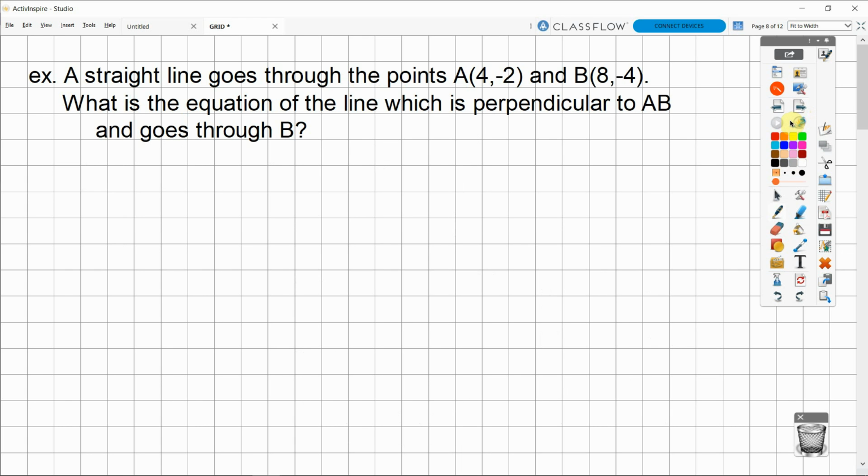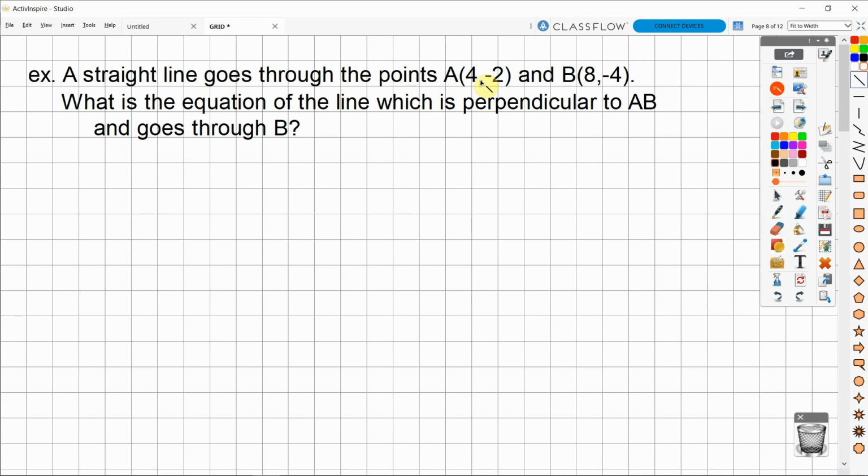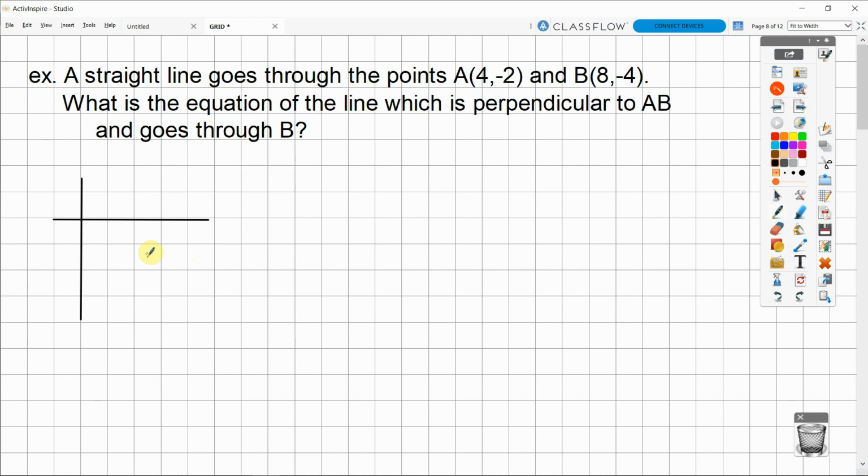The last example I want to look at, you will need to have watched my video on perpendicular lines before you try this. But it starts in a similar way, in that you draw a sketch. 4, -2, let's put it perhaps, 4 comma negative 2 is perhaps roughly there. 8 comma negative 4 is perhaps roughly there.